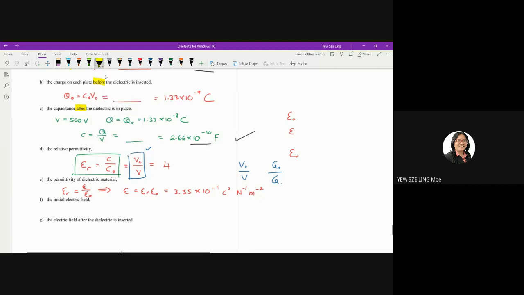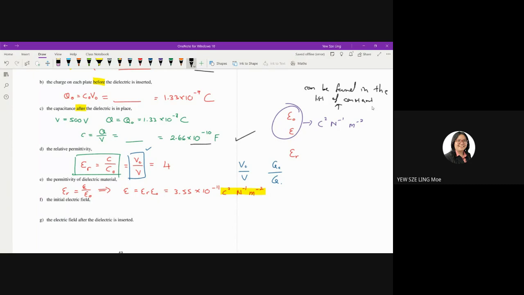In the exam, usually students will tell me, Miss, I don't know what the unit for epsilon is. You look at the list of constants. Epsilon and epsilon naught both have the same unit, which is C squared N negative 1 m negative 2, and it can be found in the list of constants.